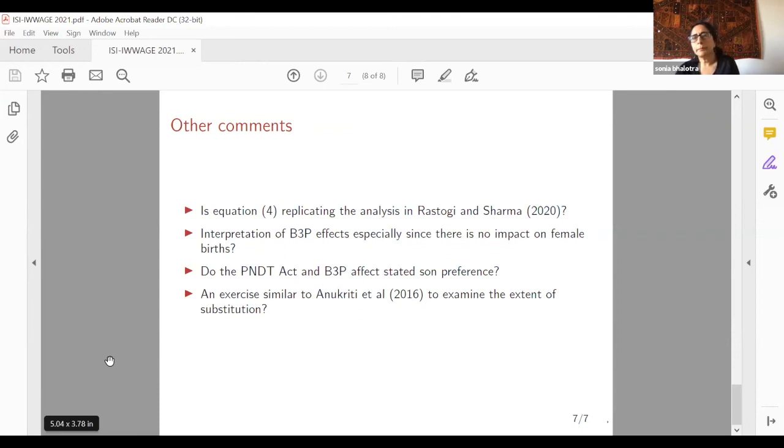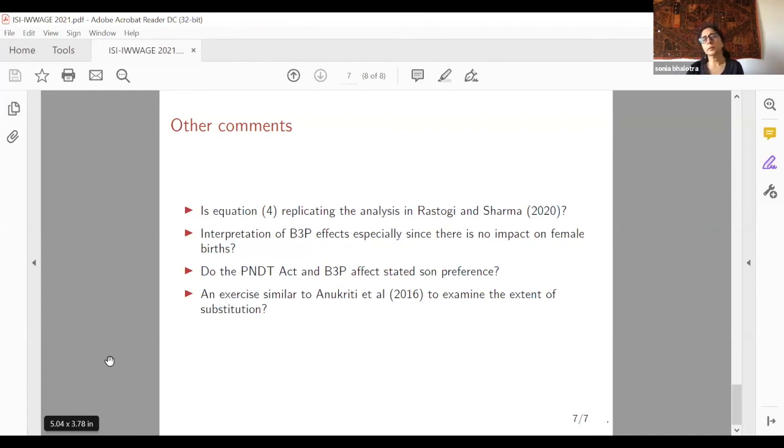Also because BBPP was so staggered over time, over I think 24 months, I think it can give you more variation and also be interesting in a substantive sense to look at how long it takes for media-related attempts to change social norms to actually have an impact.